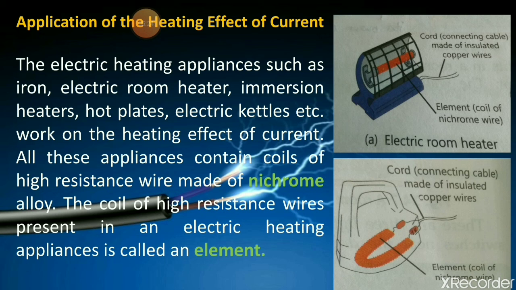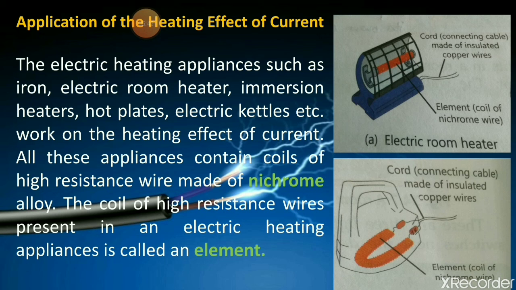So when electric current passes through the coiled wire, it is called an element. And it becomes red hot and emits light energy and heat also.